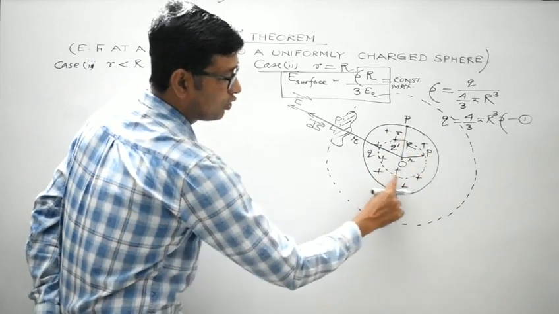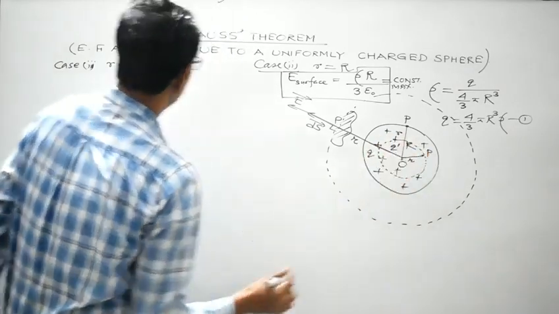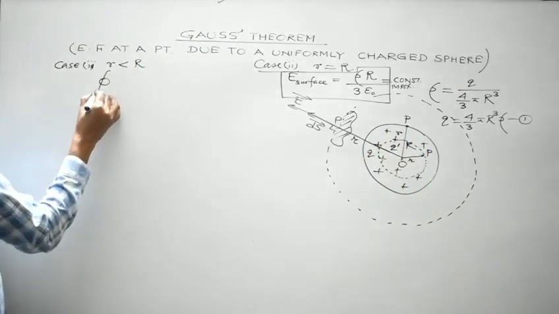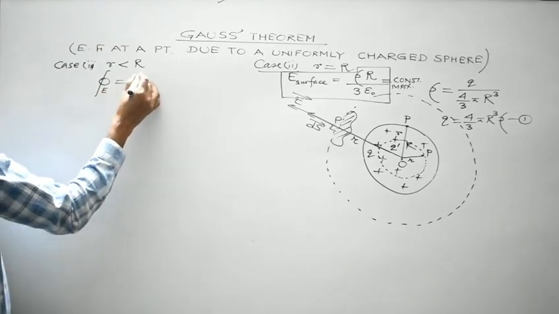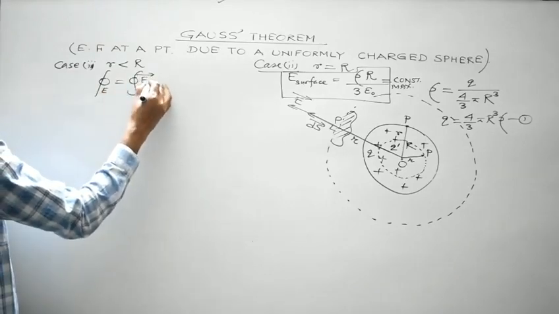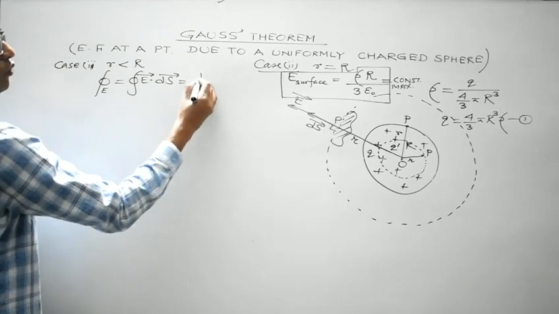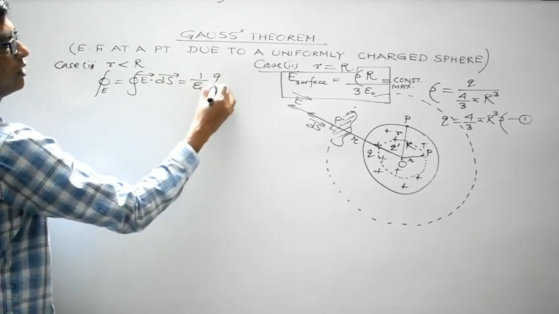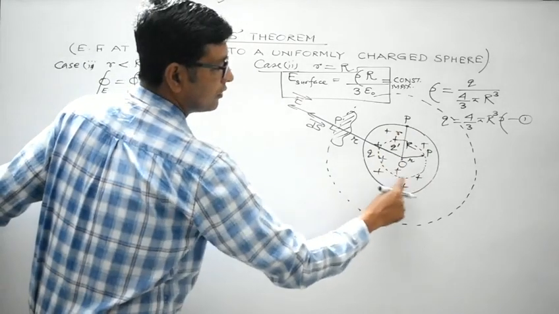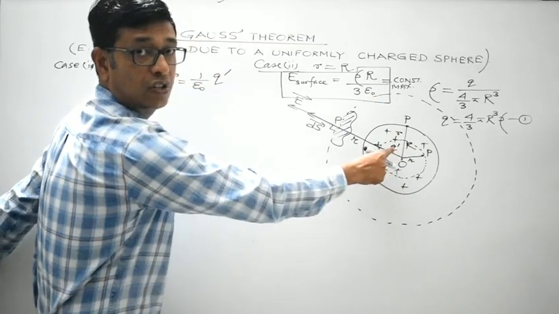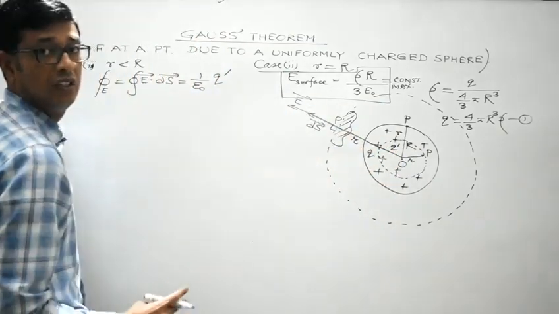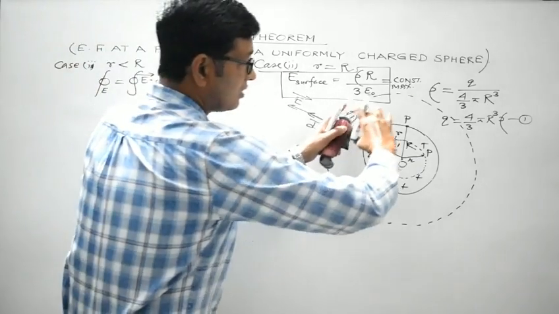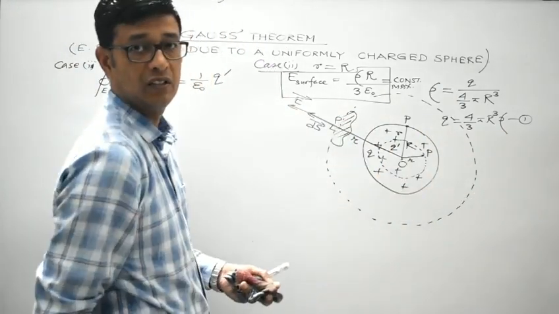So applying Gauss theorem on this Gaussian surface, we get the electric flux, which is given by the closed surface integral of the electric field dot ds. It is 1 by epsilon times the net charge enclosed. In this case, the Gaussian surface encloses a charge Q dash, which obviously is less than Q. Here remember, the charge is distributed throughout the volume of the body.